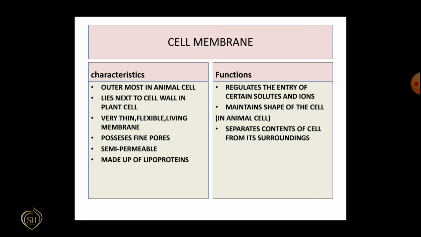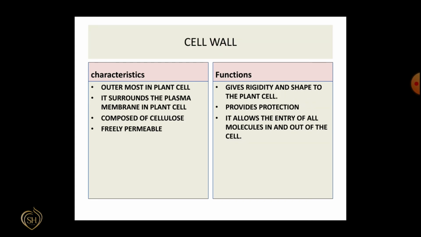Let us move to the cell wall. It is the outermost layer of a plant cell, present only in a plant cell. It is a non-living rigid layer surrounding the plasma membrane. It is mainly composed of cellulose. It is freely permeable.